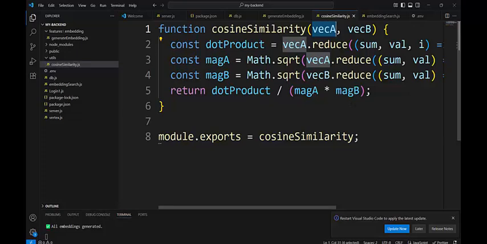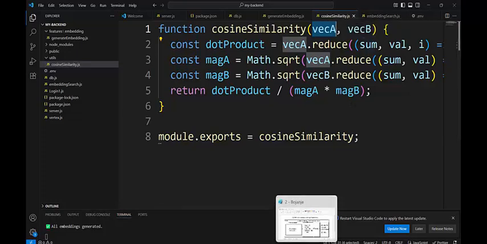Vec A and vec B, vector A and vector B. Cosine, because look at those vectors: there is an angle between them.